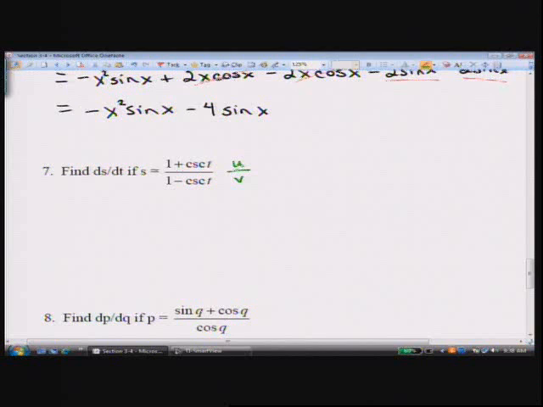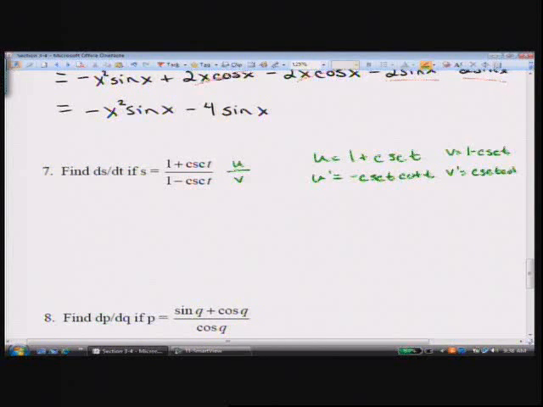All right. Here's my u, here's my v. So u is equal to 1 plus cosecant t. So u prime is equal to the derivative of the cosecant, which you can have your sheet there, or maybe work on memorizing it. It's negative cosecant t cotangent t. All right, my v is 1 minus cosecant t, so my v prime is going to actually be positive cosecant t cotangent t.